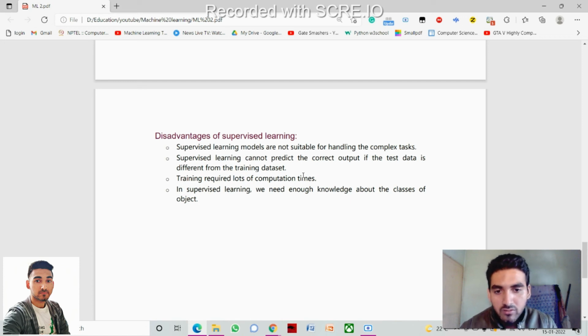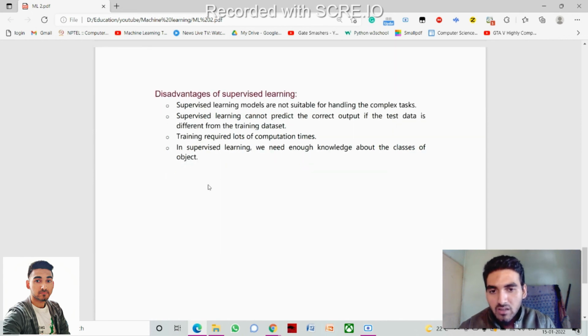You need good hardware, a powerful graphics card and processor, to do this kind of work. So training requires a lot of computation time. That's true because it's very complex, and in supervised learning we need enough knowledge about the classes of the objects. You have to know the levels, what kind of elements there are in the class.